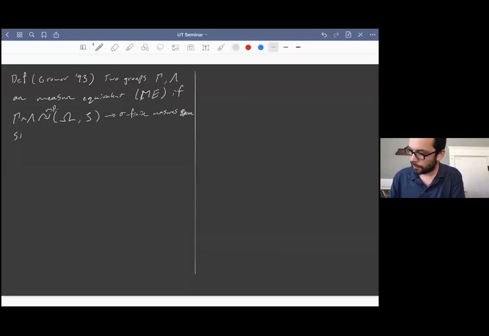And such that, restricted to the action of gamma or lambda individually, this action is very simple. So we want that gamma and lambda individually have finite measure fundamental domains.